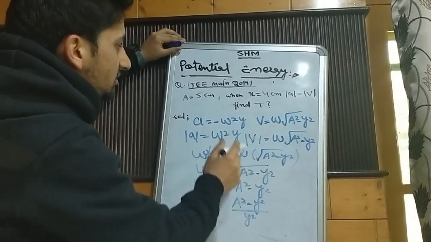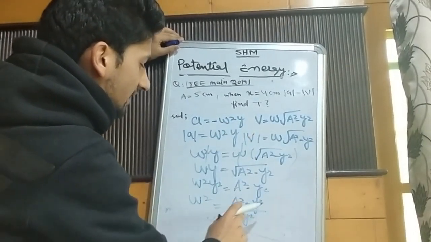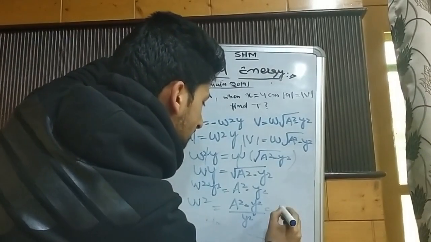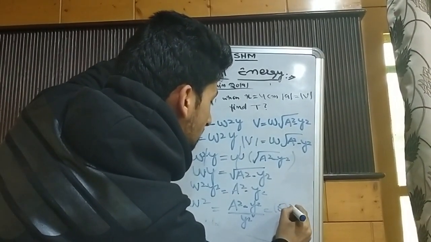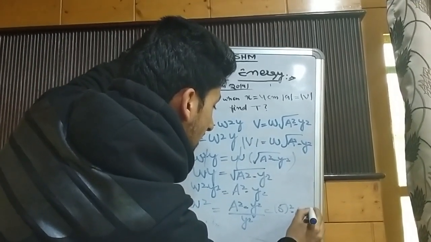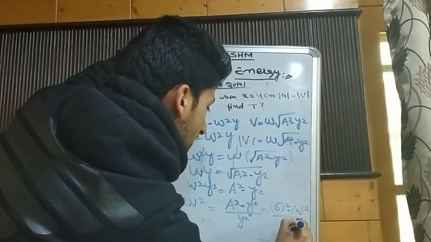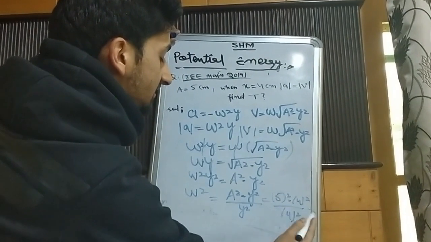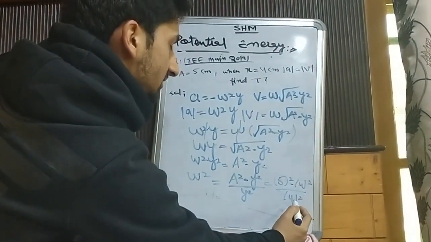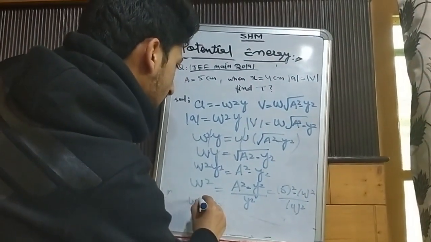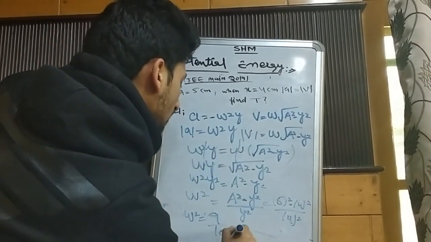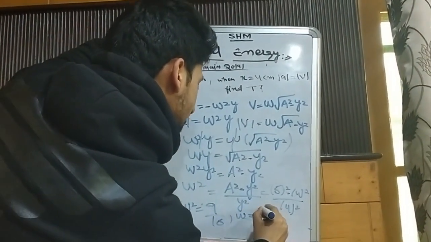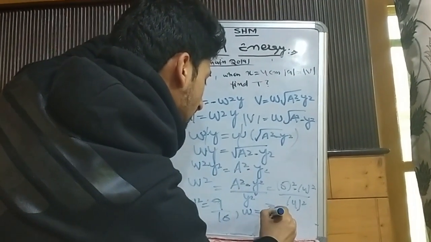Now we have to substitute the values of a and y. So it is 5 square minus 4 square divided by 4 square, so 25 minus 16 divided by 16. So it will be 9 by 16, and omega will be 3 by 4.